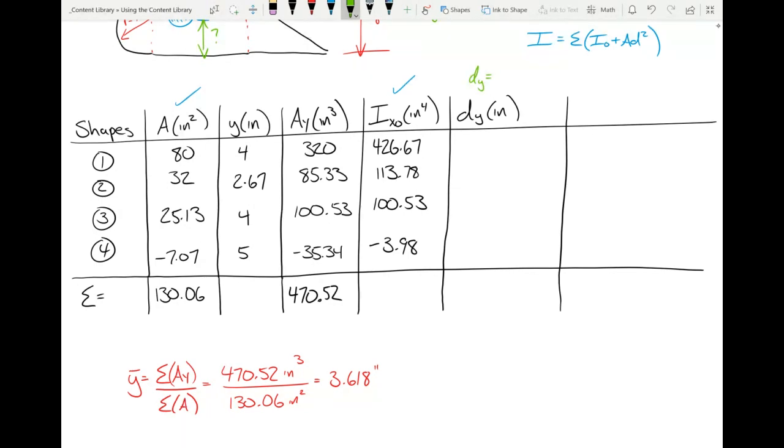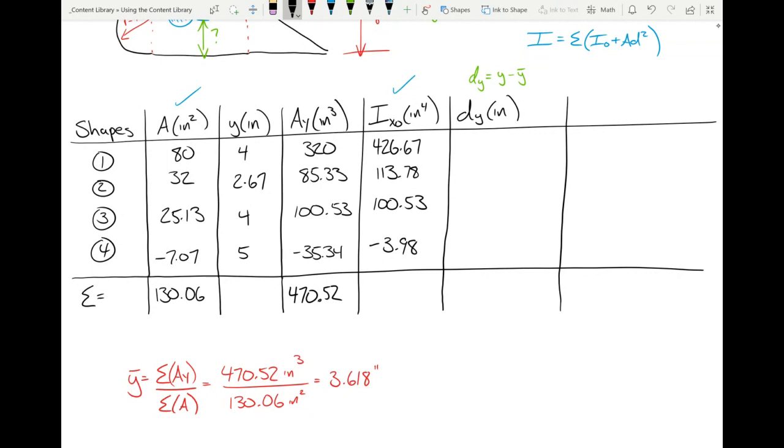So all you do is take the little y values and subtract y bar. If you're a fan of statistics, it's kind of like a variance. You're just taking each little individual y and subtracting the y bar.